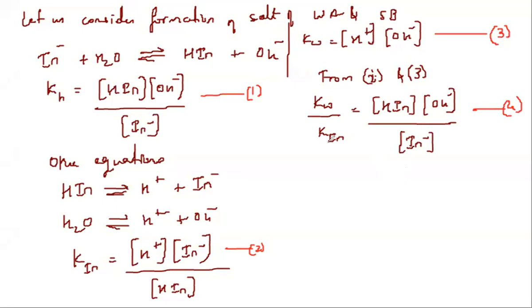Okay. OH minus ion concentration is nothing but Kw upon K_In, and solve it out, you will get In minus upon HIn. So take log.